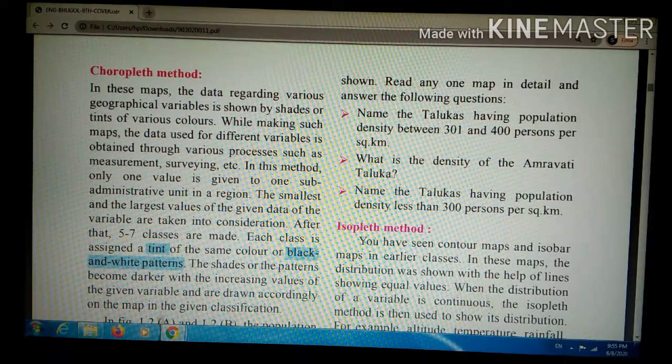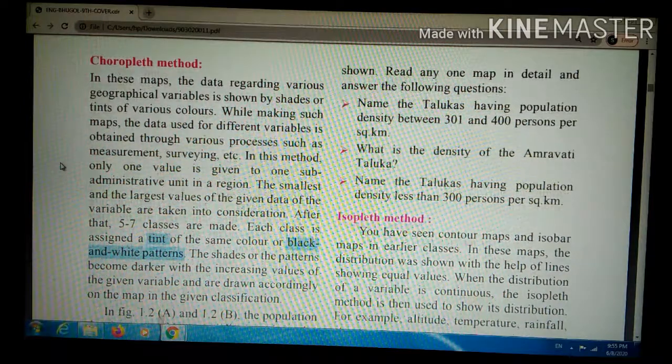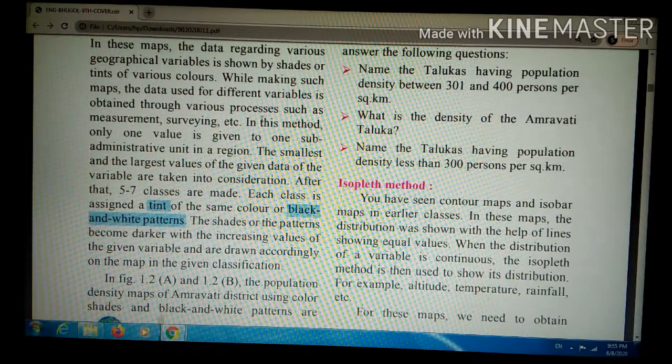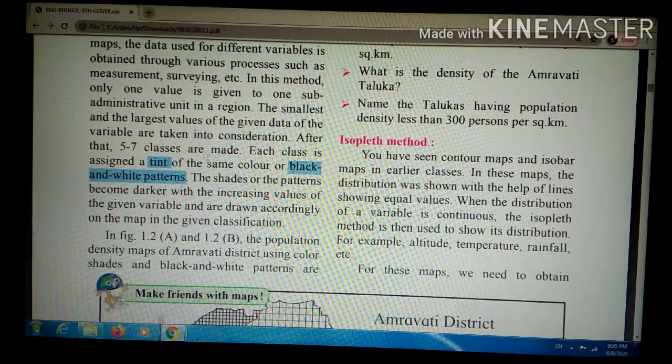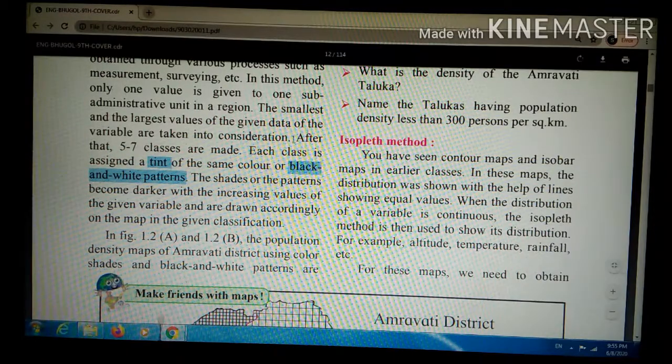While making such maps, the data used for different variables is obtained through various processes such as measurement, surveying, etc. In this method, only one value is given to one sub-administrative unit in a region. The smallest and the largest values of the given data of the variable are taken into consideration.